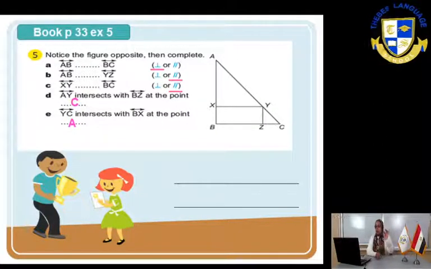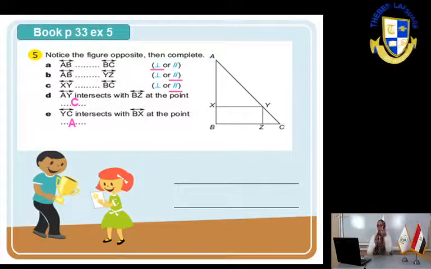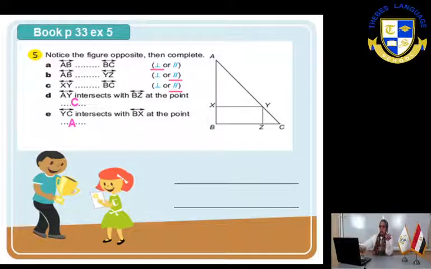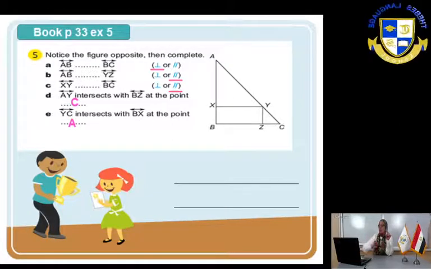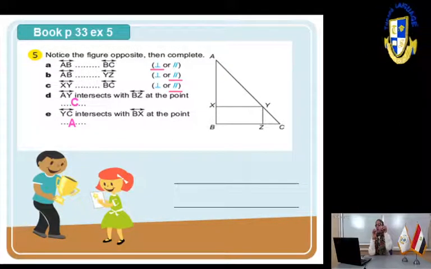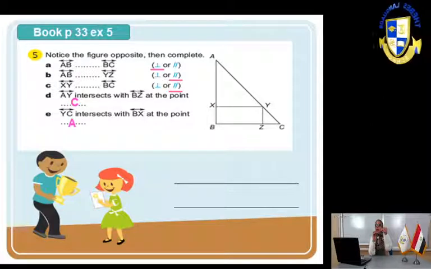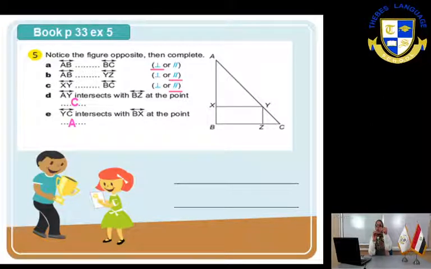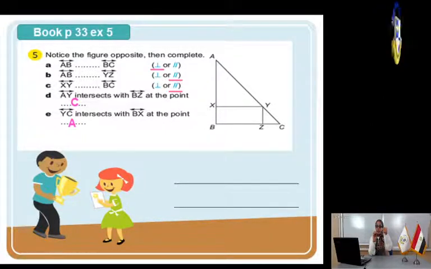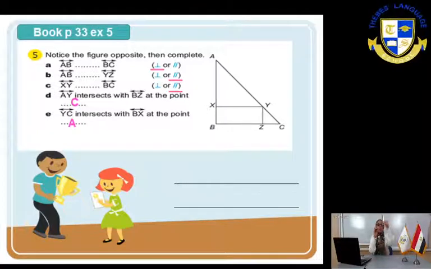The first line we will put on AB and the other line, the pen, we will put on BC. So these two lines form what? Parallel or perpendicular? Think. Yes, excellent. It will be perpendicular.